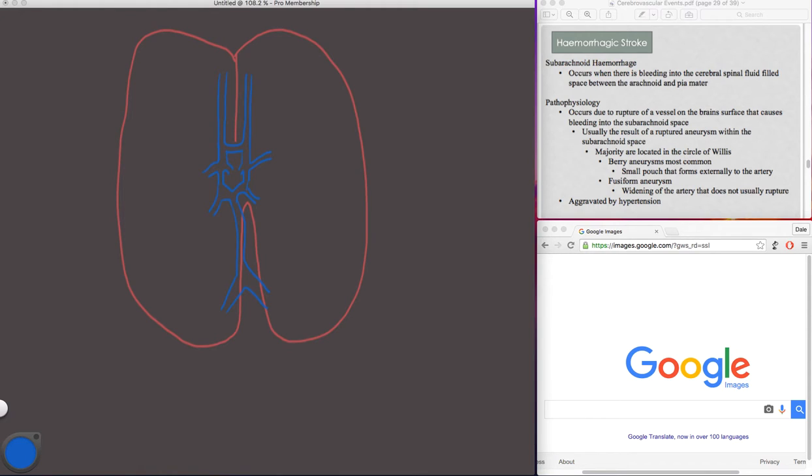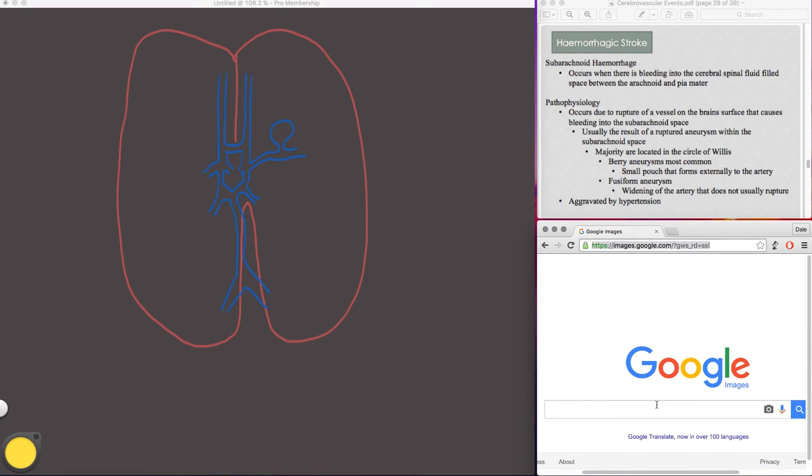If we have a piece of this circle of Willis that gets an aneurysm that looks like this, it's what we call a Berry aneurysm or a saccular aneurysm. It's called Berry or saccular because it's a little sac that comes off of the artery, and it kind of looks like a berry if you've seen it.